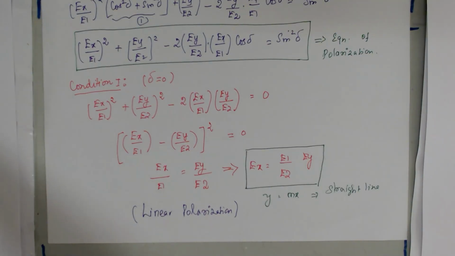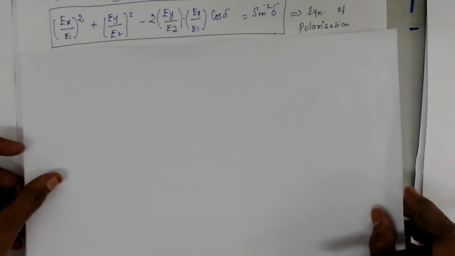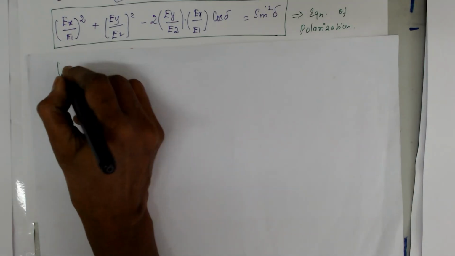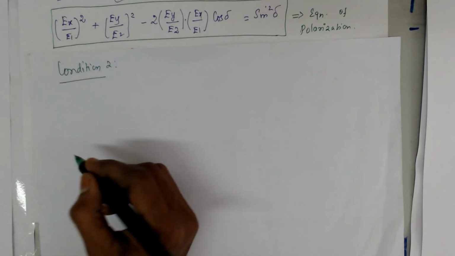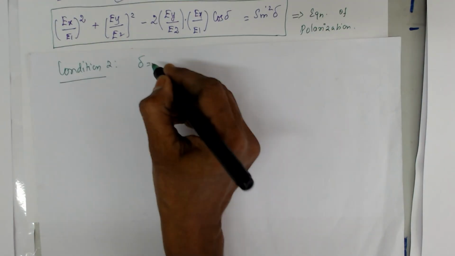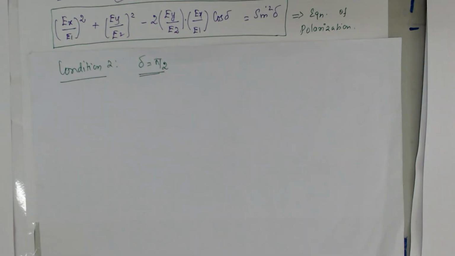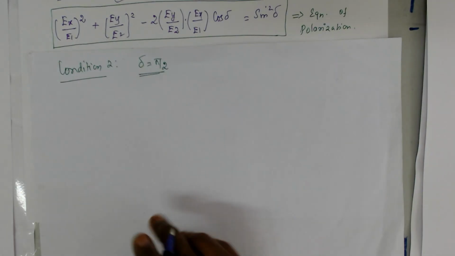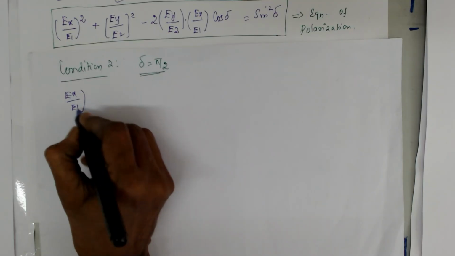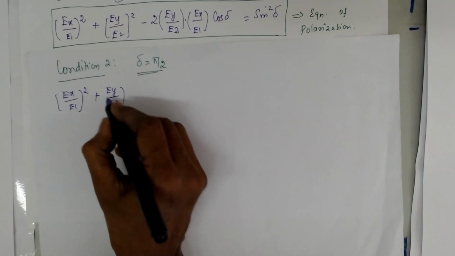Next we will substitute condition 2 in the same equation. So what is condition 2? The second condition, let us take delta equal to a phase difference of pi by 2 radians. So upon substituting the condition in this equation, we have (Ex divided by E1) the whole square plus (Ey divided by E2) the whole square.